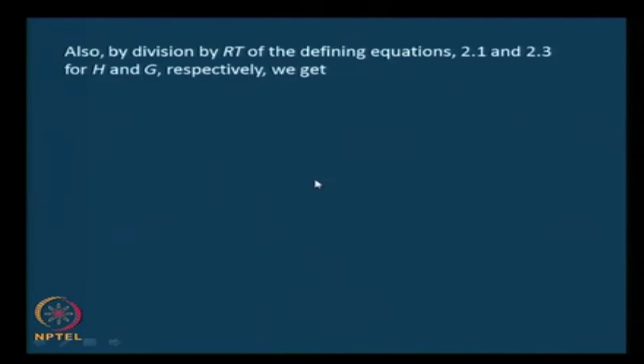By dividing equations 2.1 and 2.3 by RT, this will come back to you straight away. You don't need to go back. H equals U plus PV, therefore U equals H minus PV, and you divide throughout by RT. U by RT is going to be H by RT minus PV by RT, equation 3.30.